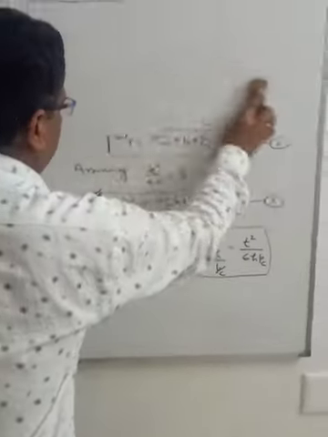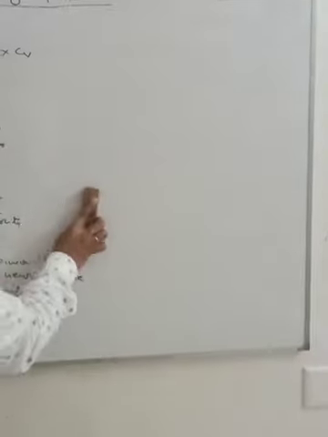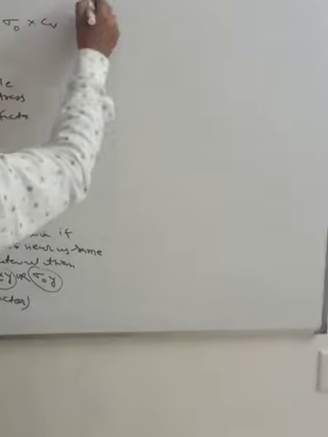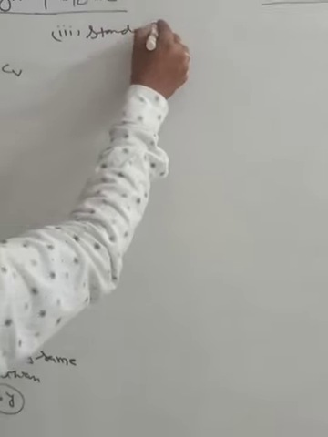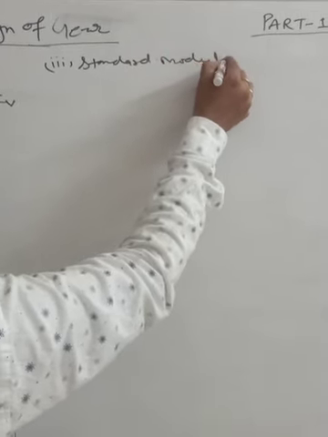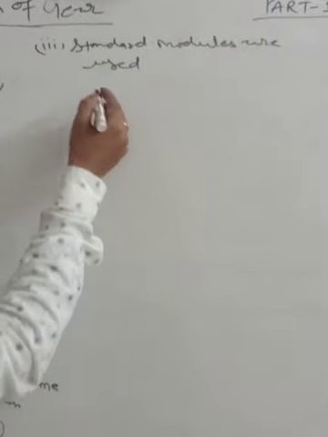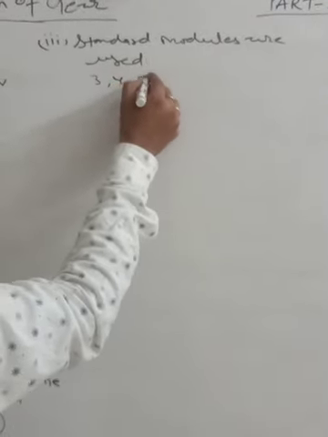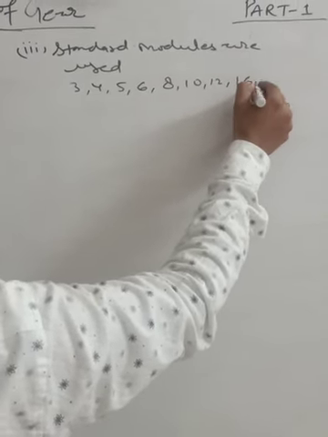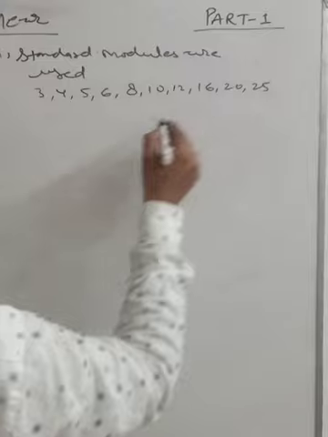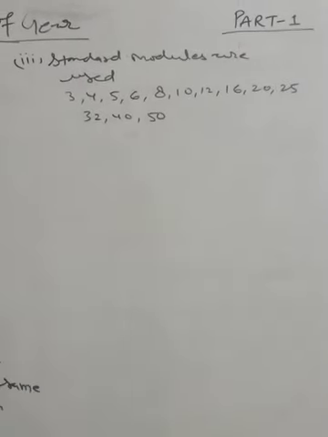And if you are finding the module from this, then standard modules are used, and standard modules are 3, 4, 5, 6, 8, 10, 12, 16, 20, 25, 32, 40 and 50 in mm.